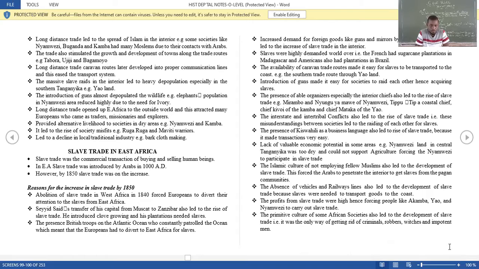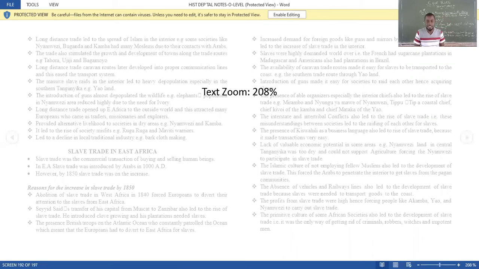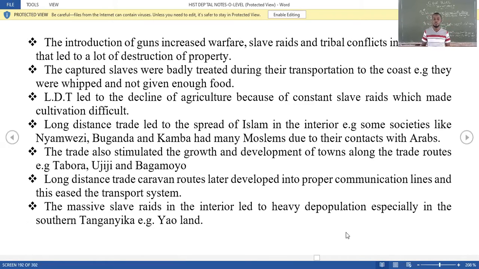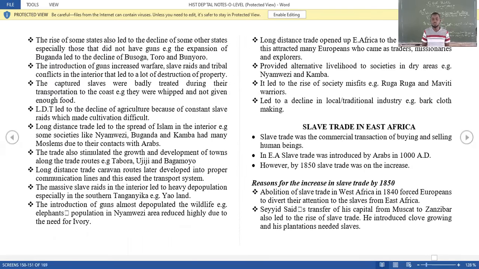So one, what we should not forget, the first point, we have to look at the abolition of slave trade in West Africa as our first point. In actual sense, why we look at it as our first point is because it started from West Africa, then it came to East Africa. When they abolished it in West Africa, that's when we got it in East Africa.